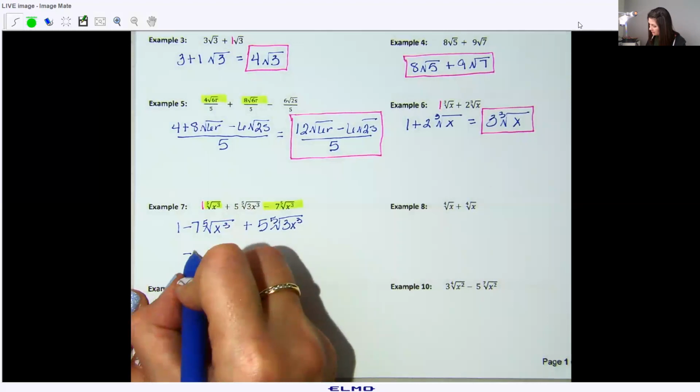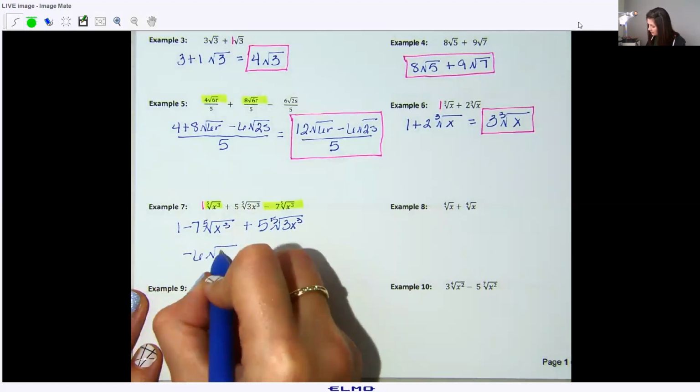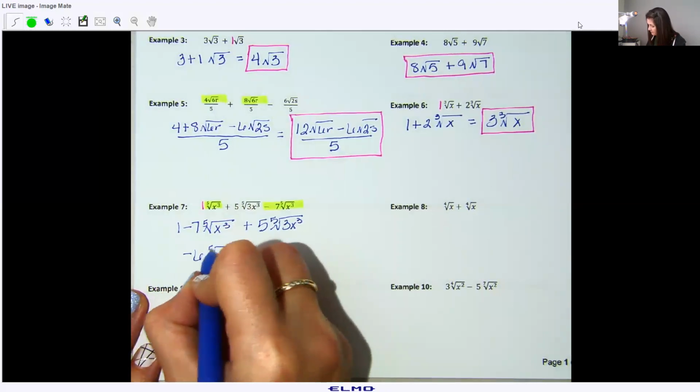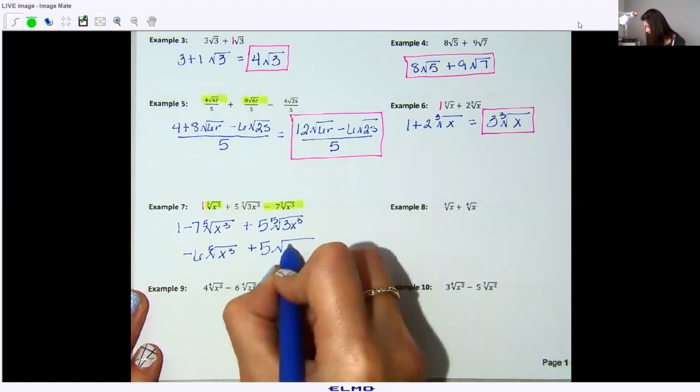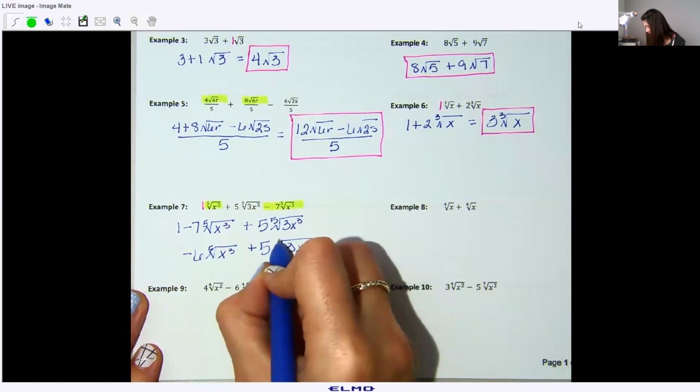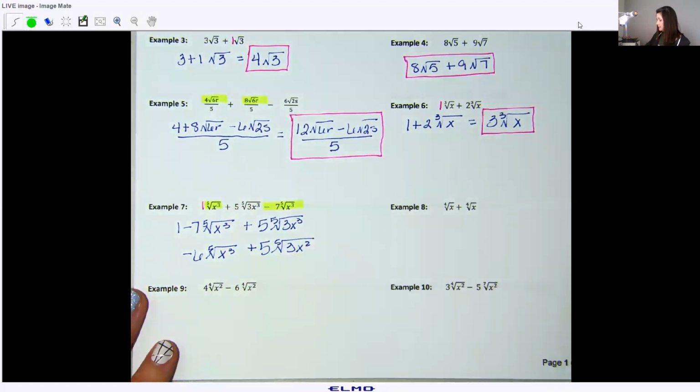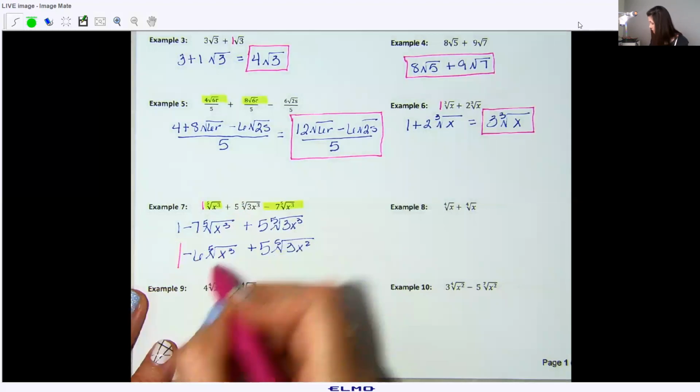And I get negative 6. Okay, and that is as far as I can go with that one.